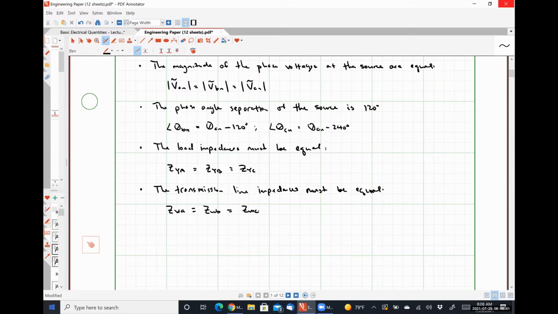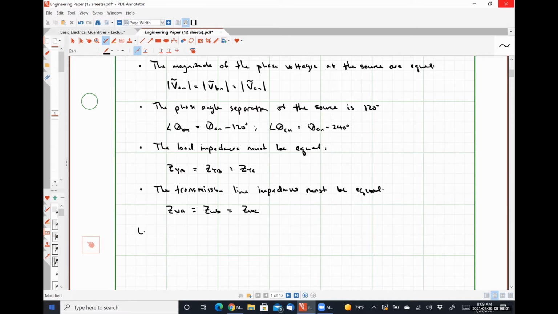In order to figure out what the consequences of having a balanced three-phase system are, we are going to introduce the concept of a line current today. And we're going to do our analysis looking at the line current.